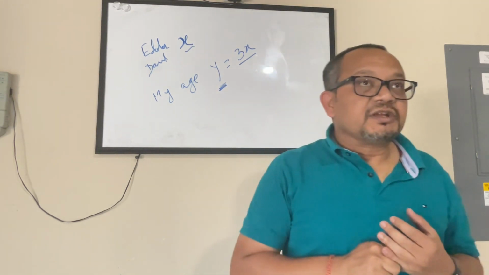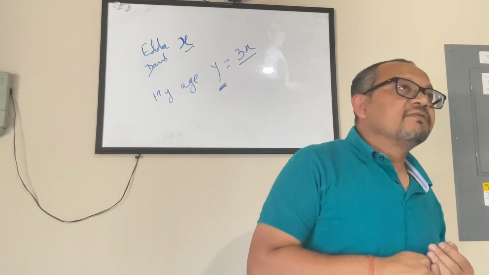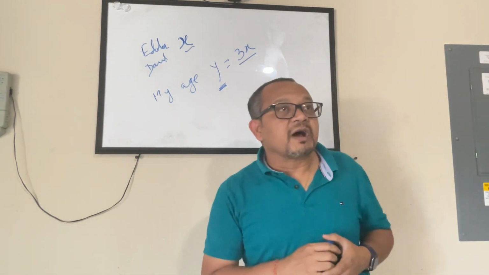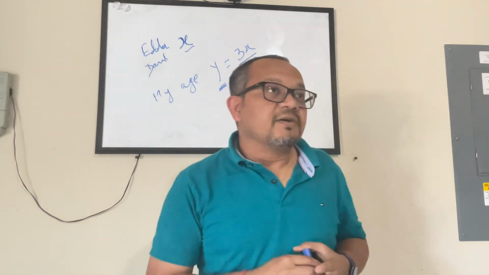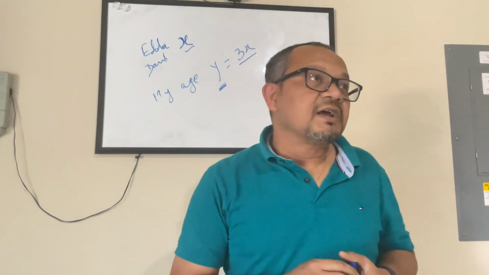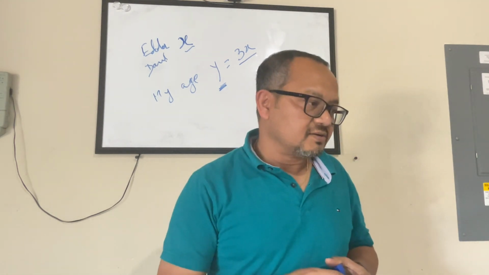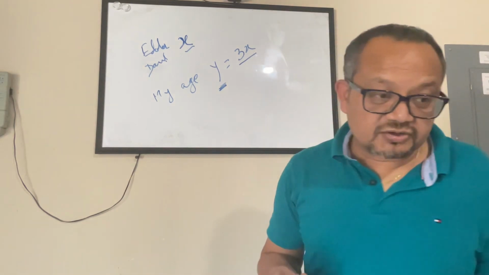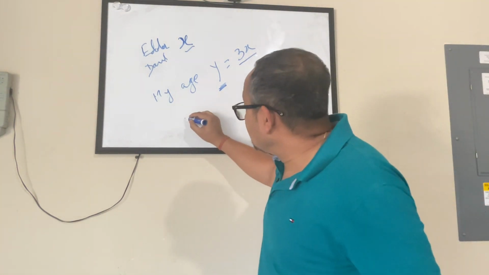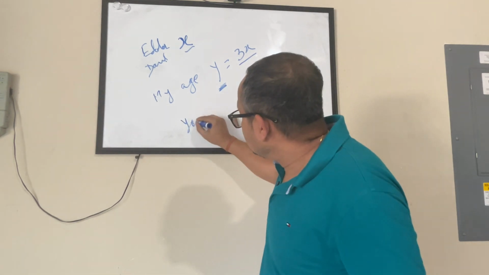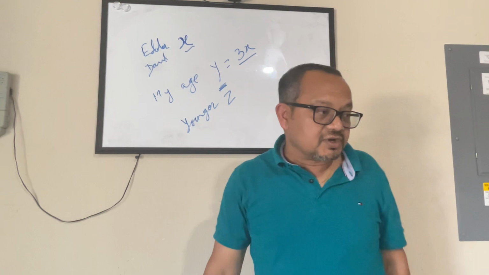Second line of the story, or second piece of information that I have in the word problem, is where I'm saying, also my age is 4 times the age of my younger daughter plus 7. You guys don't know how old my younger daughter is either. So you will say, okay, your younger daughter is, let's say, Z years old.